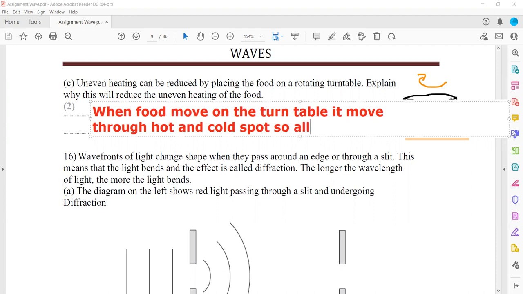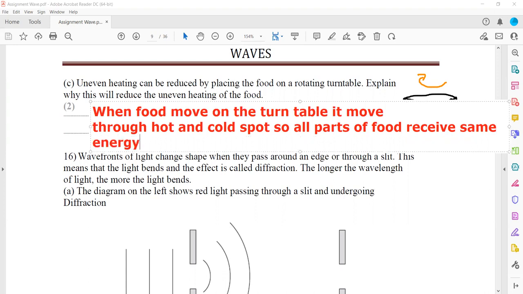So all parts of the food receive the same amount of energy. As a result, when all the parts of the food receive the same amount of energy, we can overcome these hot and cold spots. Is it clear, part C, how rotation of the food can make sure that there's an even heating of the food inside the microwave oven?